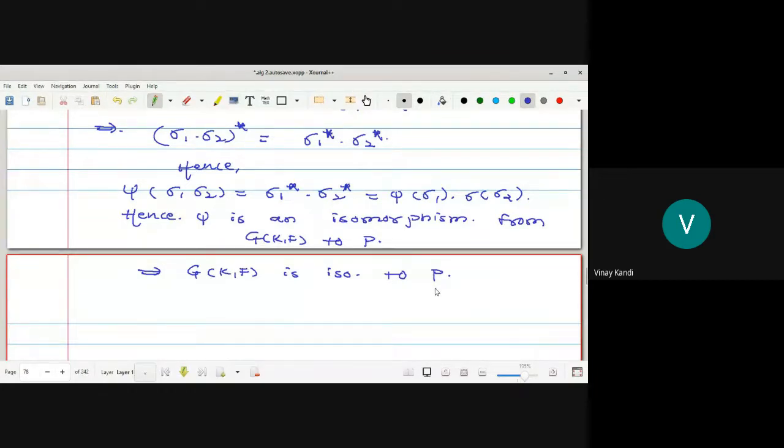The roots of f(x), the distinct roots of f(x). P is the set of those permutations on S which leave every element of F fixed. And what is G(K, F)? The set of those automorphisms of K which leave every element of F fixed. So here G(K, F) is isomorphic to a permutation group.